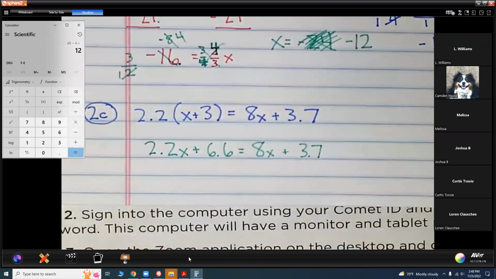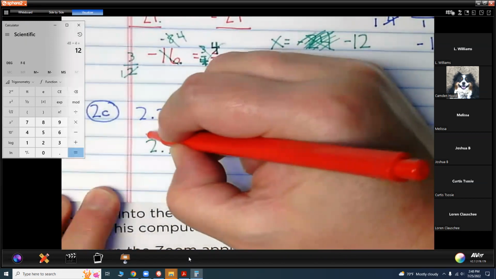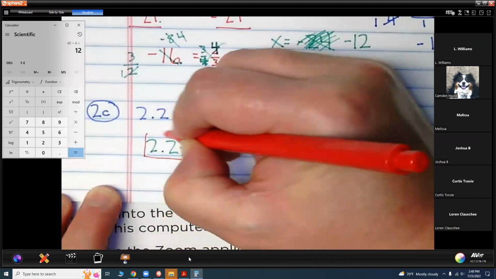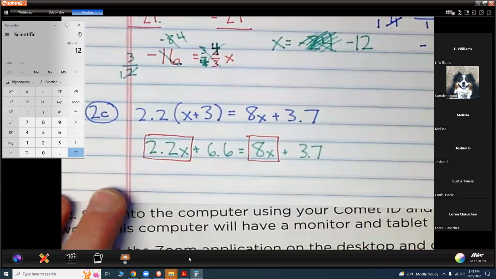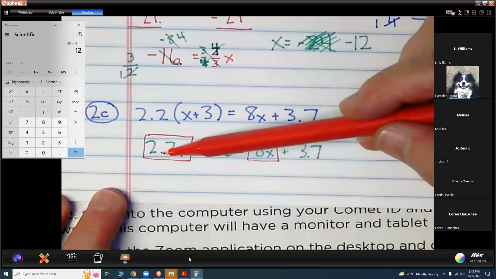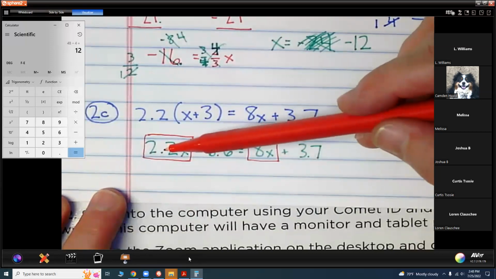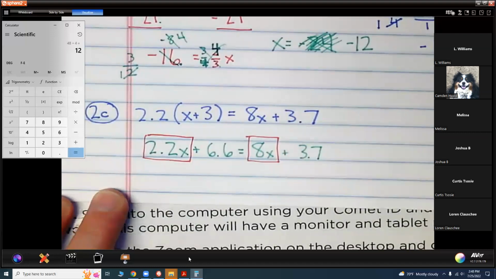Once again, I'm looking for like terms, making sure all of my like terms are combined. Similarly, when I'm trying to decide how to combine these terms, I'm always going to take the smaller and subtract it from the larger.